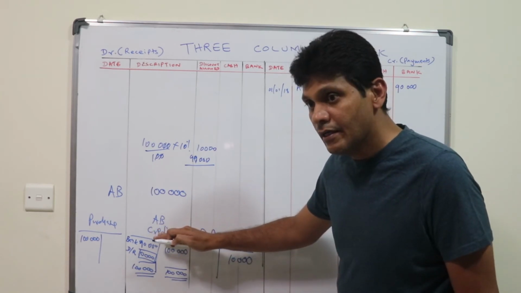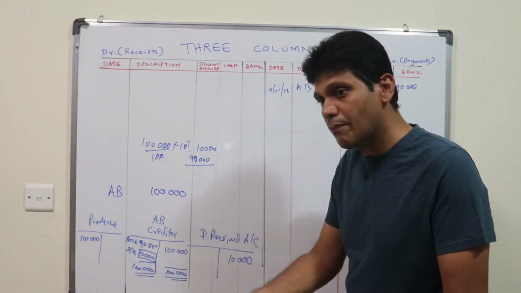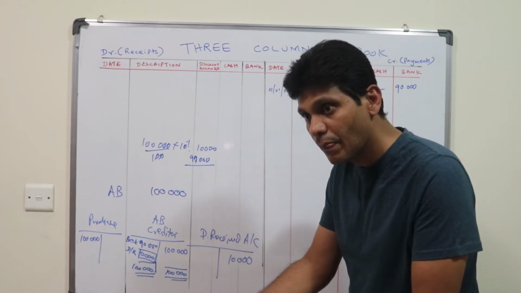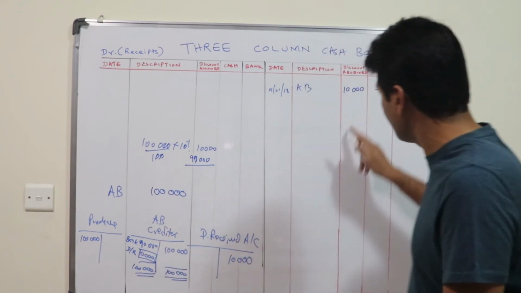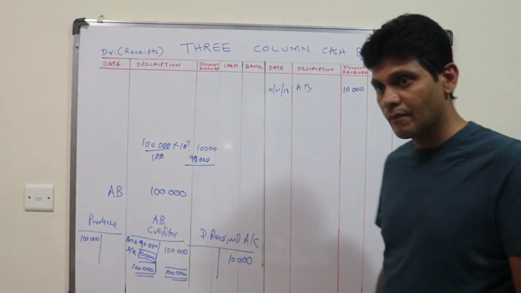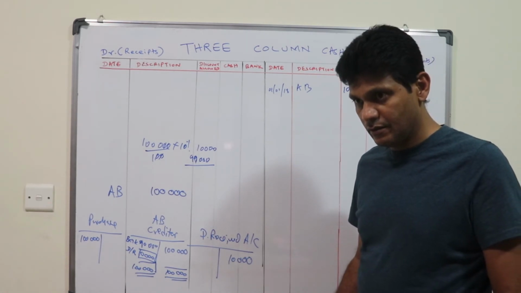There can be more than one supplier, no? Sometimes almost all the suppliers might offer you discount. Then that total discount should tally with this column discount. Is that clear? Got it?